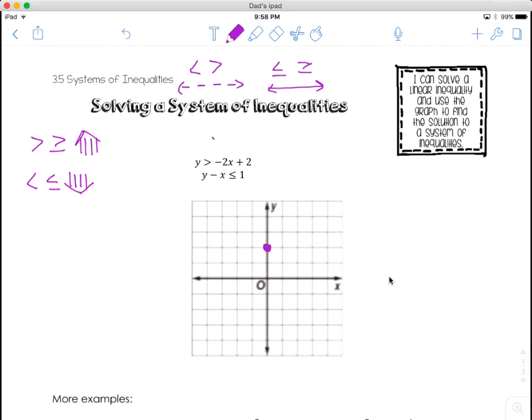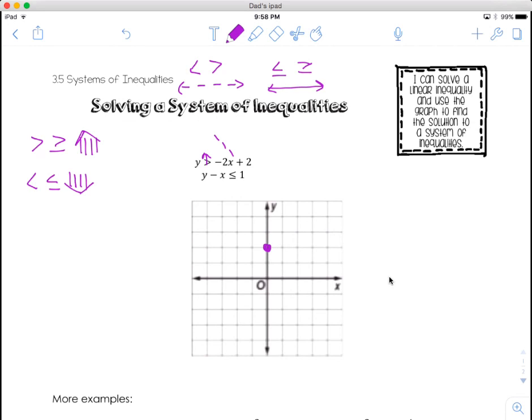So usually we would draw the line going down like that to indicate that it's going to go down 2 over 1. But this time it's not equal to. And we know that not equal to means that it's a dotted line. So this one is actually going to go down 2 over 1 using a dotted line. The other thing that we have to look at is, do we shade up or shade down? So this is greater than, so we're going to shade up.